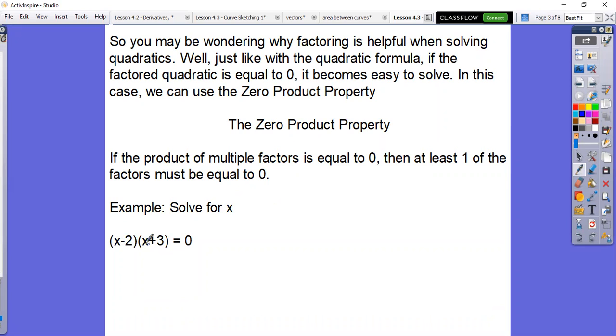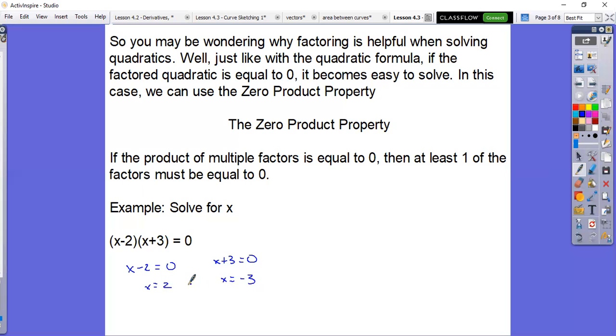If I have this written in factored form like this, x minus 2 times x plus 3 is equal to 0, then there are two possible things happening here. Either x minus 2 is equal to 0 or x plus 3 is equal to 0. If one of these two things happens, then this is the solution. So I'm going to say right here, x equals 2, x equals negative 3.